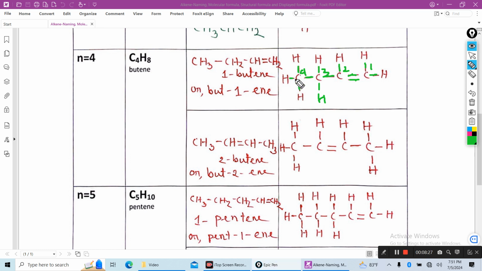Now you see 4 carbons, and if you count the hydrogens, 3, 5, 6, 7, 8, it is C4H8.